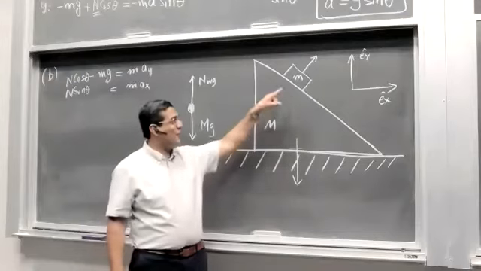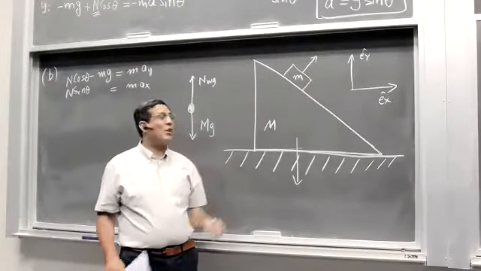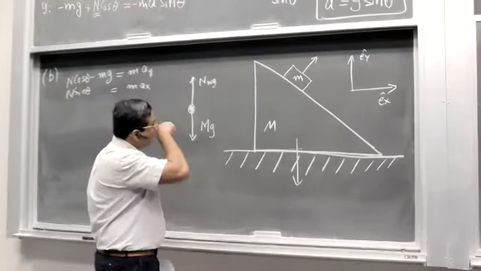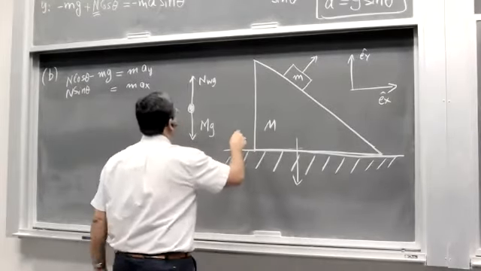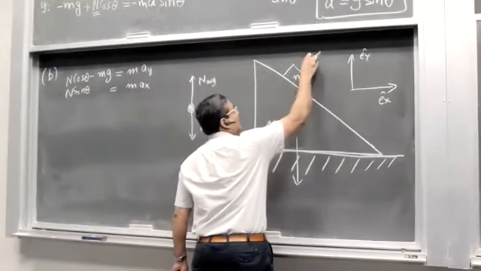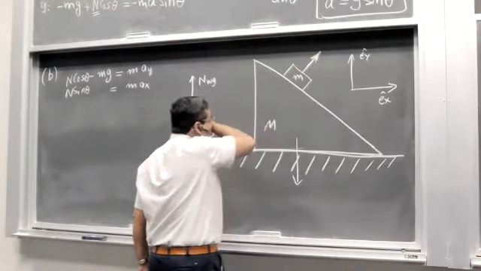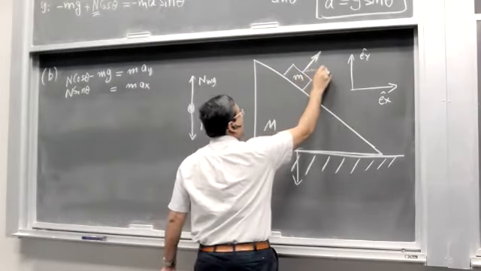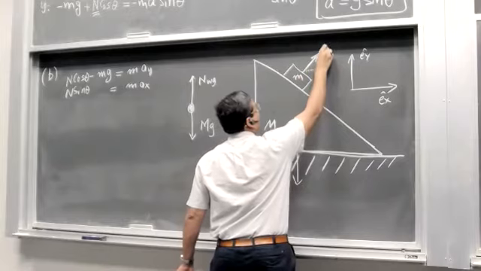How many objects is this object touching? Two. Which ones? The ground and the block. The second force is definitely by the block on the wedge. To make sense of it, if you look at the normal force, there is a component of the normal force we did in the previous part.